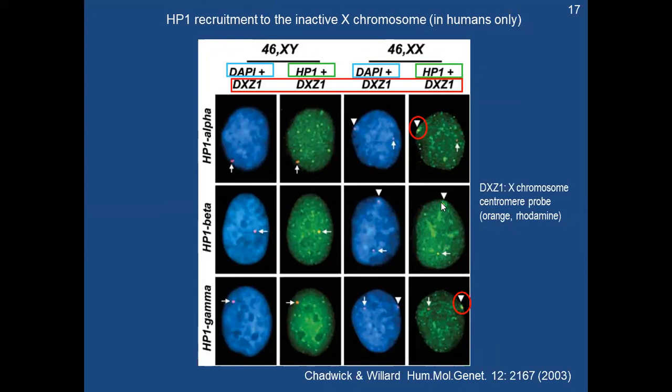So these all suggestively mean that the maintenance of the inactive X chromosome is most likely due to the recruitment of HP1 proteins. Is there a reason why they're on the sides? Yes, that's a good question. The silent DNA generally is either on the periphery of the nucleus or close to the nucleolus.